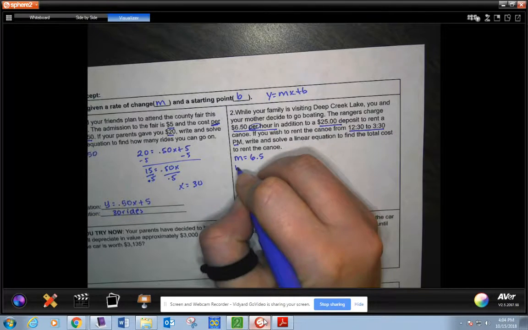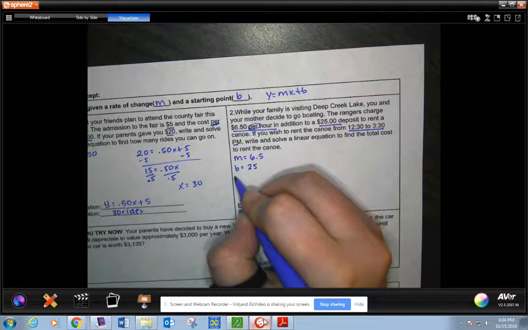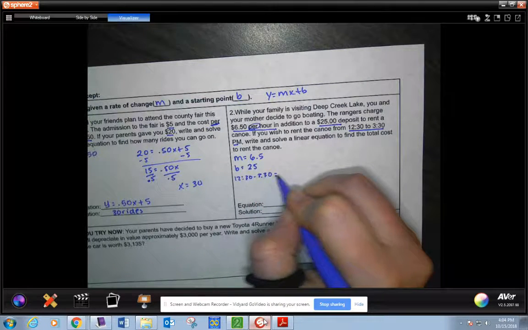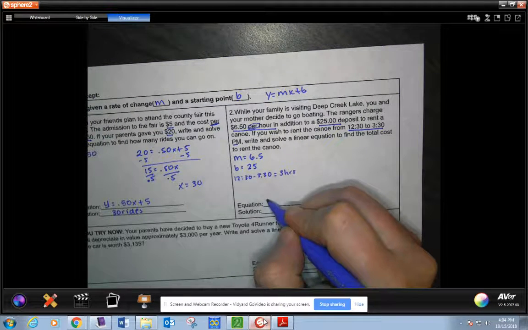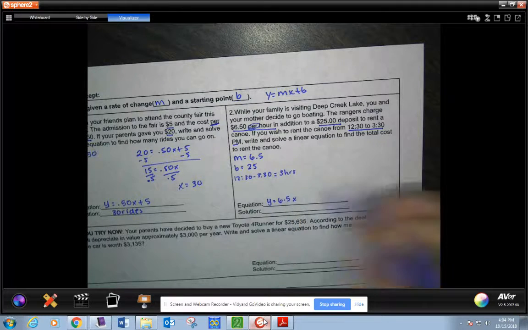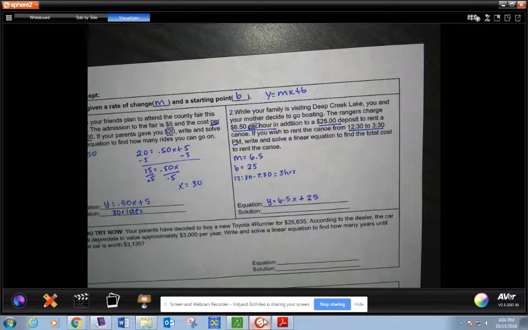Okay, well, I need to figure out what my starting cost is. My starting cost is $25 because I have to pay that no matter what. Now, 12:30 to 3:30 is how long I'm renting it, and that's 3 hours. Okay, so I'm going to plug my equation in first. y equals, my m is 6.5, keep the x, and then I'm going to add my b, my starting cost, 25.